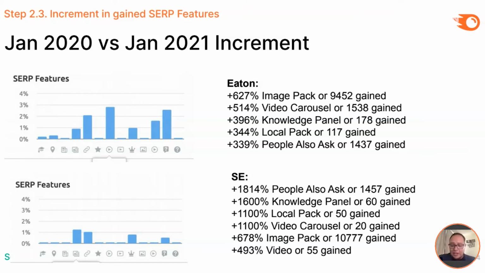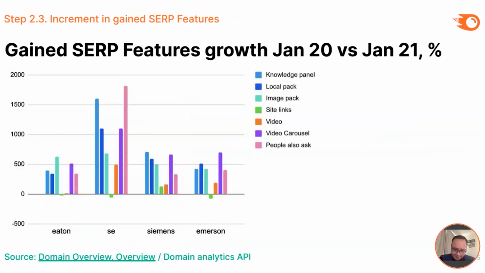How many do your competitors have? That's going to be really important to understand how competitive they are. If they are not using any of these search features, or images, video, or carousel, that's an opportunity for your company to work with this type of result.